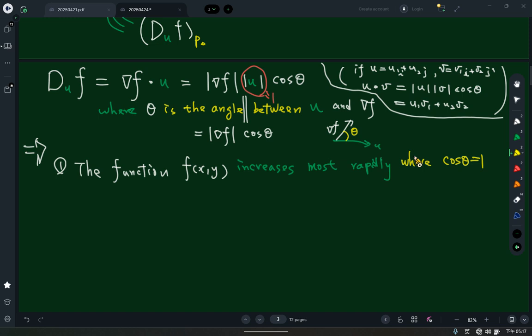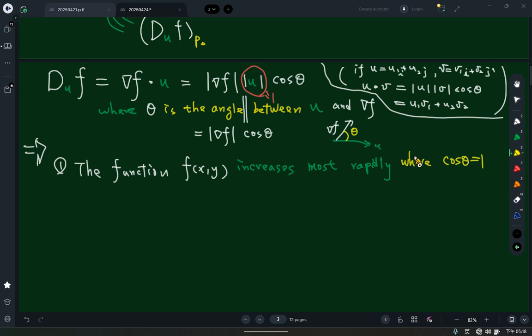But this length is always positive. We cannot change it. But cosine theta can vary from positive 1 to negative 1. So when cosine theta is 1, it causes this number to be a maximum, right? That's why we say the function f of xy can increase most rapidly.